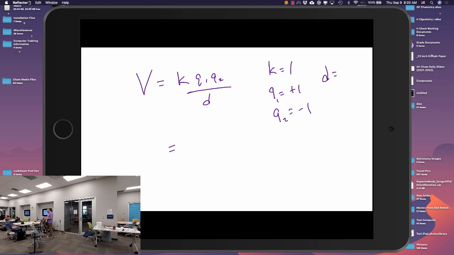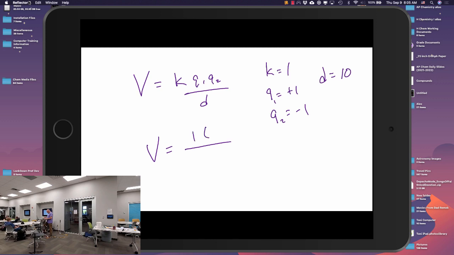And I'm going to make D equal to 10. That makes math easy, right? So if I were to set up and calculate V, I'm going to have 1 times negative 1 divided by 10, which would equal what? 1/10, or 0.10, but negative. Is everybody okay with that? Okay.